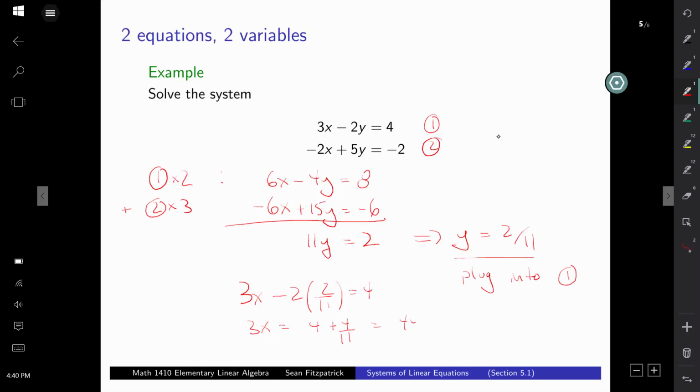That's 44 plus 4 over 11, so that's 48 over 11. Dividing both sides by 3, 48 over 3 is 16, so x should be 16 over 11. Okay, so 16 over 11, that must be that 1.45454545 that the software gave us.